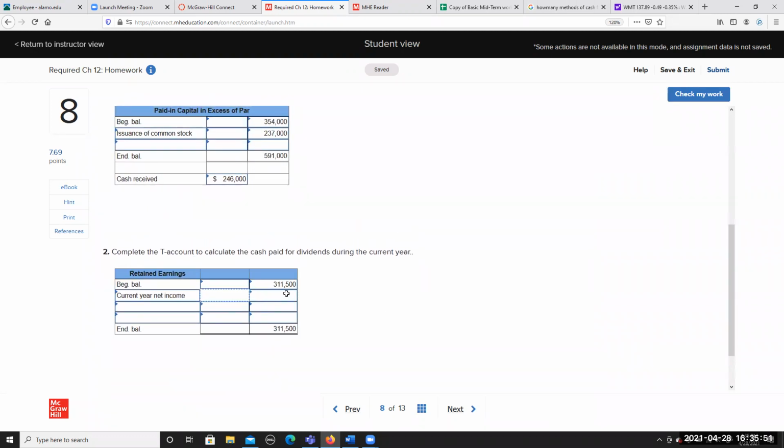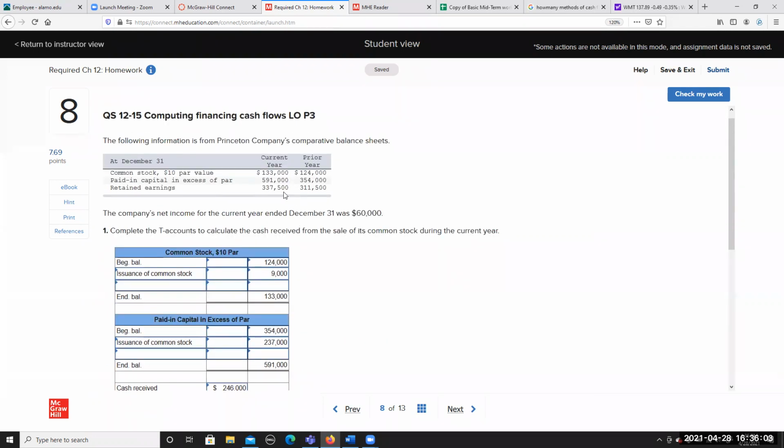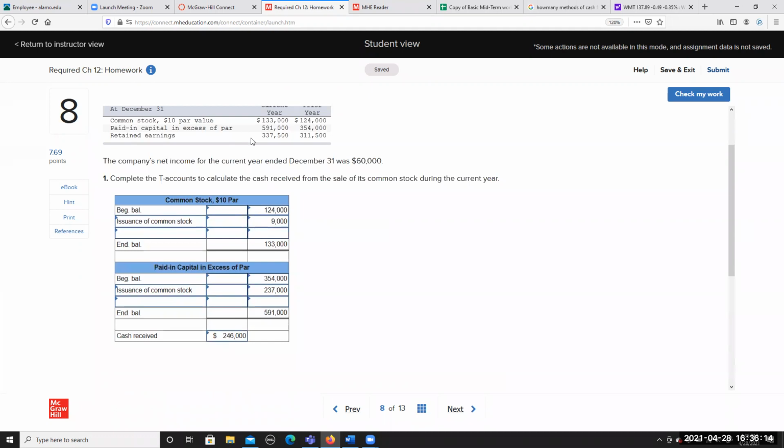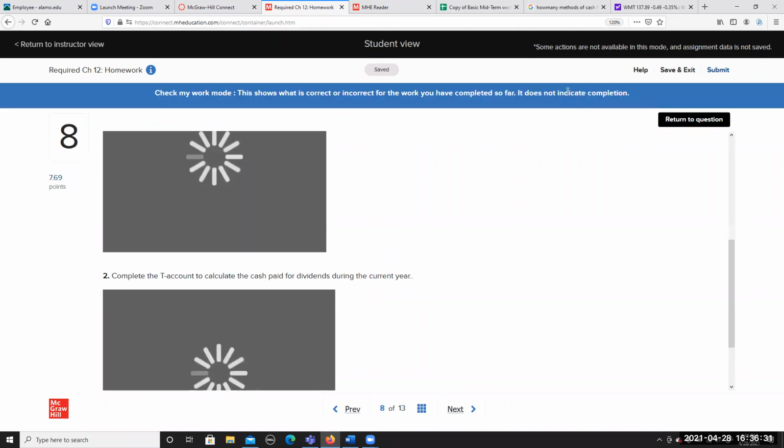First off, retained earnings goes up on that side, and dividends make it go down on this side. 311.5 plus 60,000 is 371. So how can it go down from 371 to 337.5? Because you must have paid dividends of 33.5. All right, so now let's try.